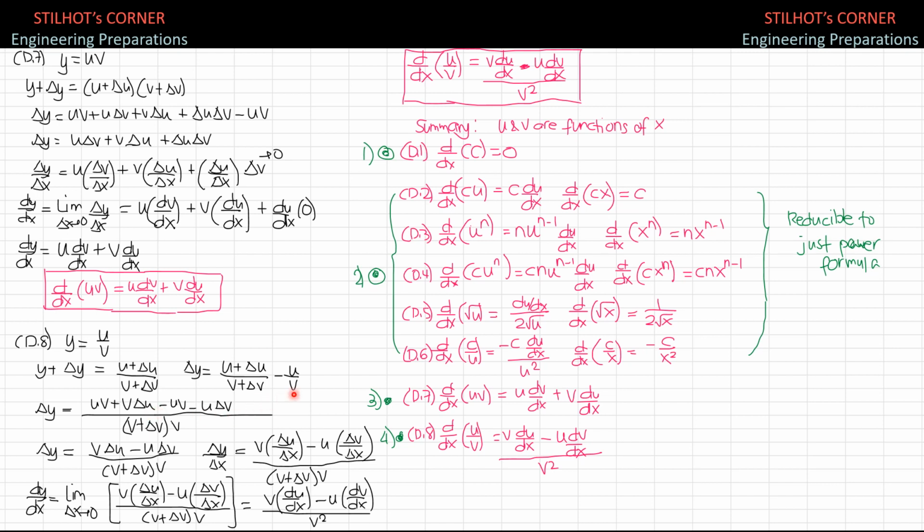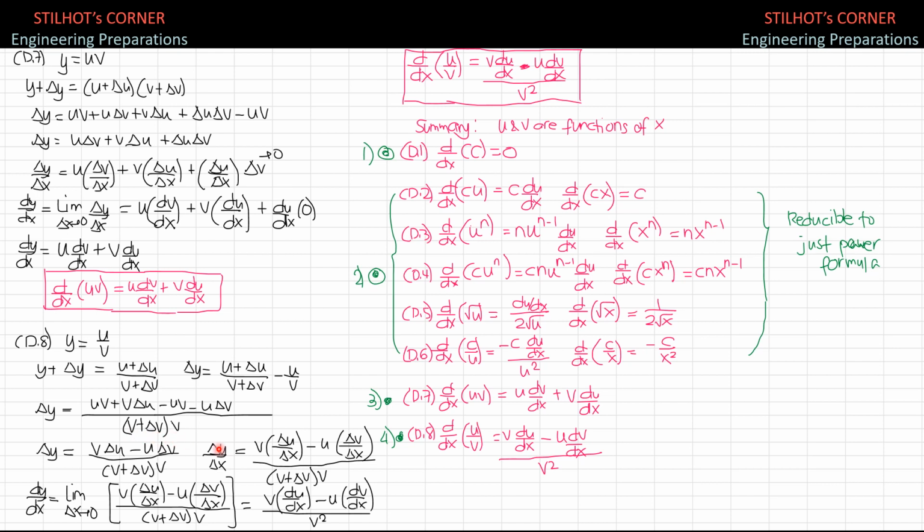Then LCD divided by v is (v plus delta v) times this numerator here. So minus uv minus u delta v. We can cancel uv. So we have delta y equals (v delta u minus u delta v) over LCD, (v plus delta v) times v.